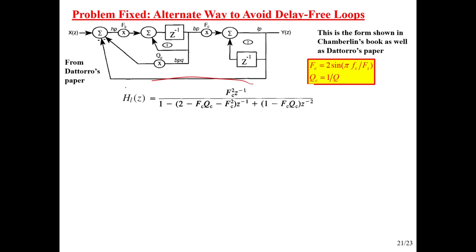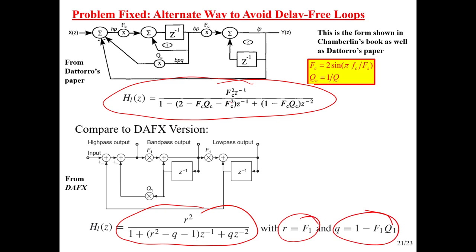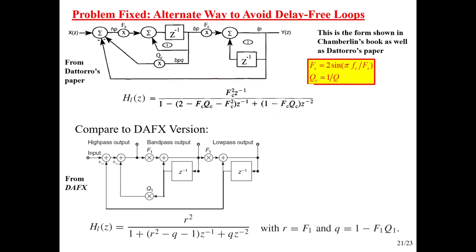Now we get this as our transfer function for the low pass. If we compare that to the low pass transfer function for the DAFX version, you work that out and you end up getting something that looks like this. If you plug in the right things here and match them up, you can compare these two things.